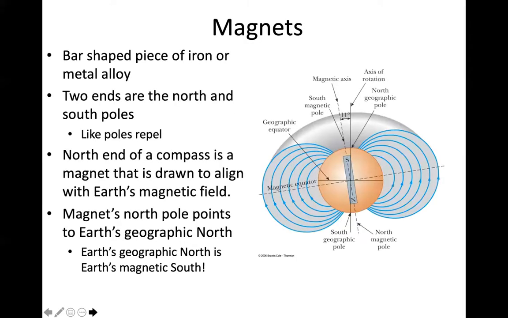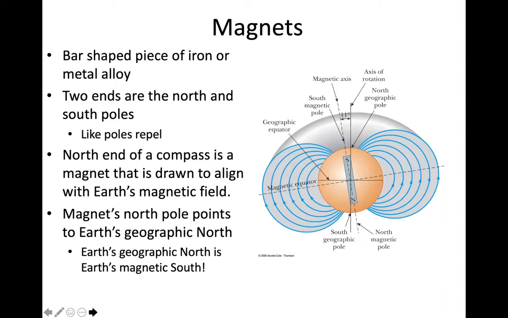So when we think about magnetism, think about a magnet, like a little bar-shaped magnet that you would put on your refrigerator door. I think we all have an idea of what a magnet is. When we talk about magnetism, we always start there. Magnets have a north and a south pole.